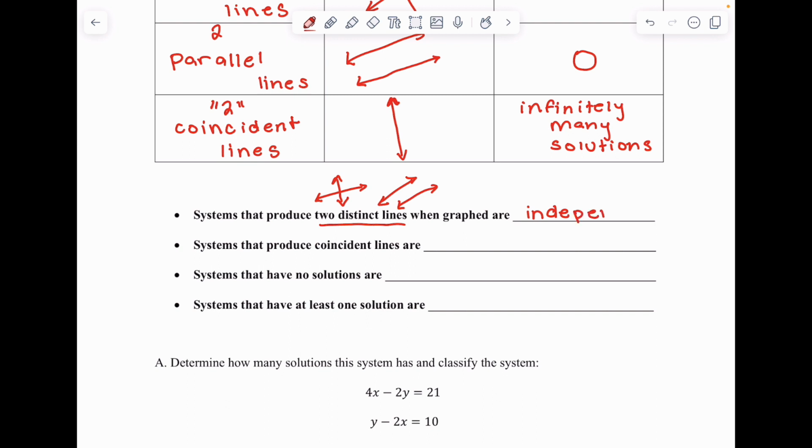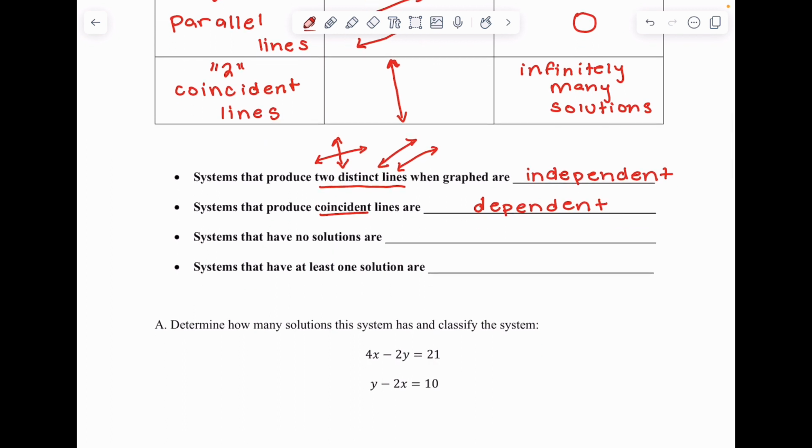So we have an independent system if we have two distinct lines. But systems that produce coincident lines are dependent. So if we ever have a system where they have coincident lines, that is a dependent system.